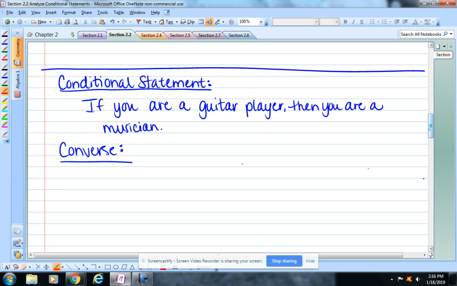So what's the conclusion? Then you are a musician. So to write the converse, we swap the order. We put the conclusion first and write it with the if. So if you are a musician, then you put the hypothesis in the conclusion spot.